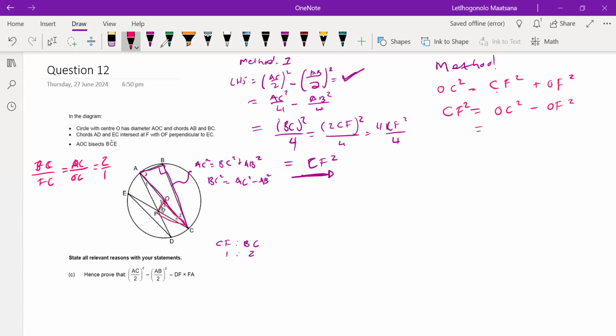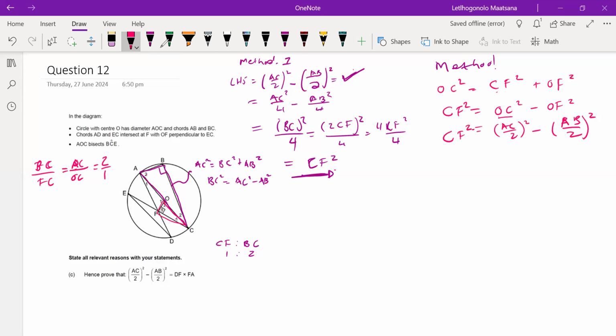OC can be substituted by AC, but because it's twice as much, we will have to divide it by 2. So we will have here that (AC/2)² minus (AB/2)² is equal to CF².